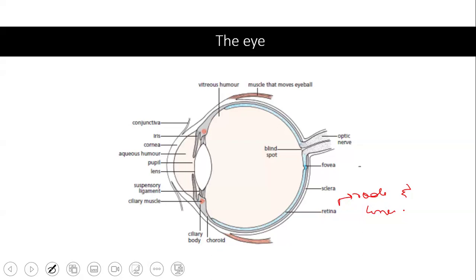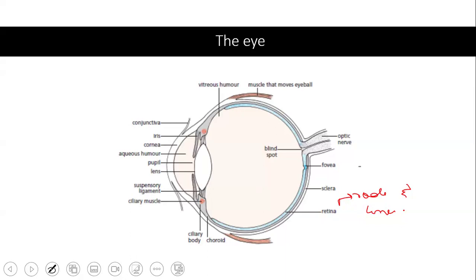So if a person is colorblind, you know where the problem can possibly be. The problem can lie within the cones. So cones basically allow you to adapt to the changes in light. As the light changes, the cones are going to be able to adapt to the changes in light.